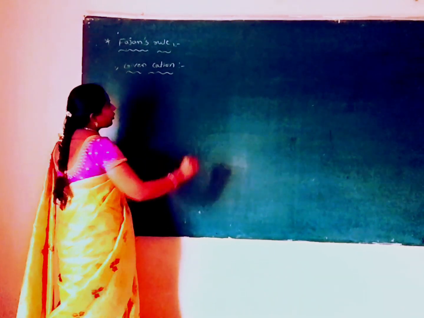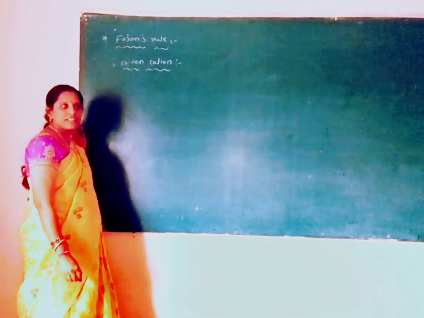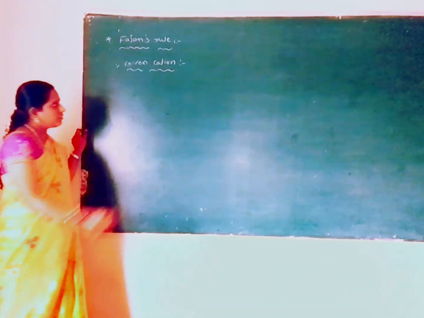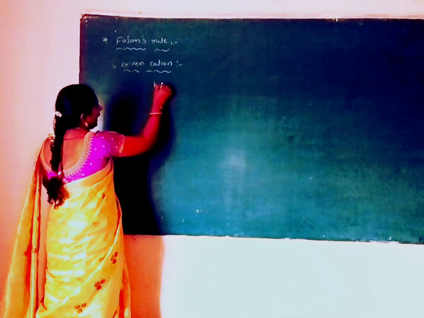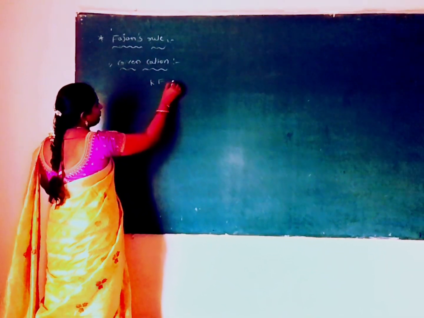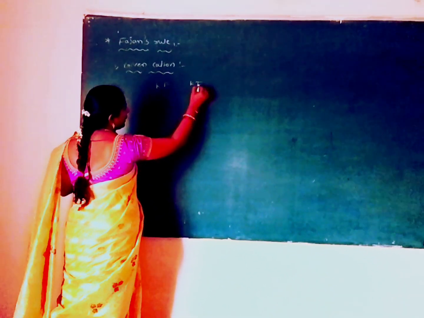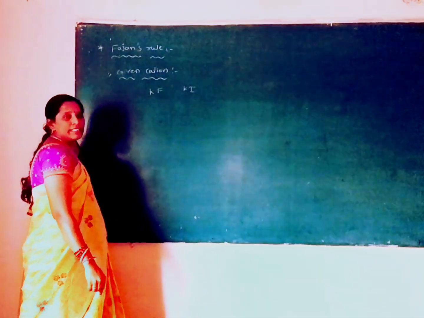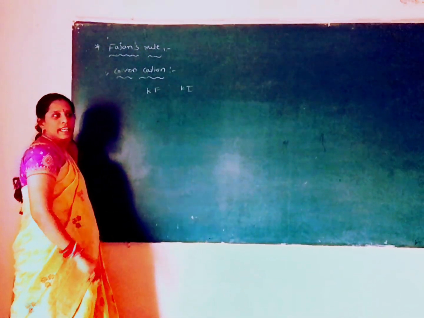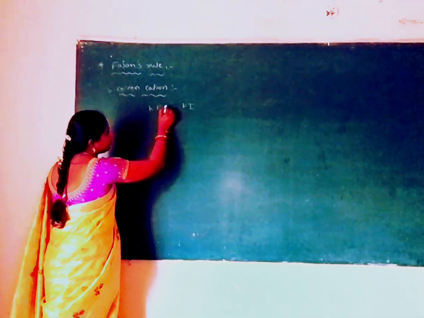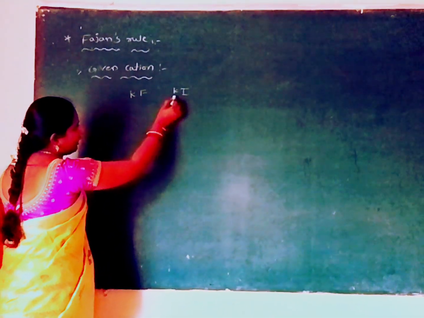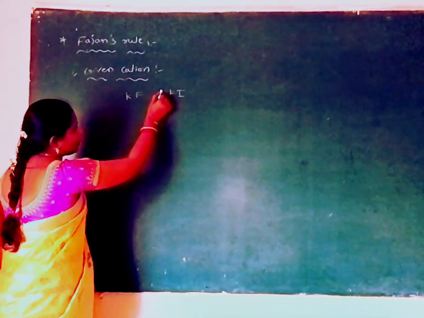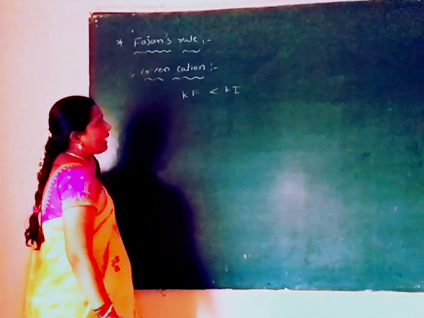For a given cation, covalent character increases with increasing size of the anion. For example, take potassium fluoride and potassium iodide. Here the potassium cation is constant, and between fluorine and iodine, the iodide has more covalent character.